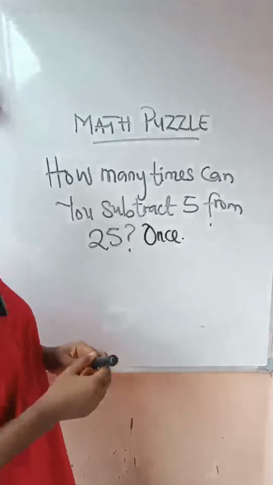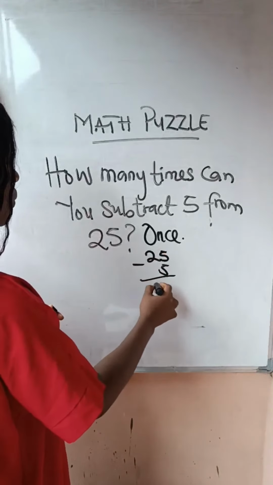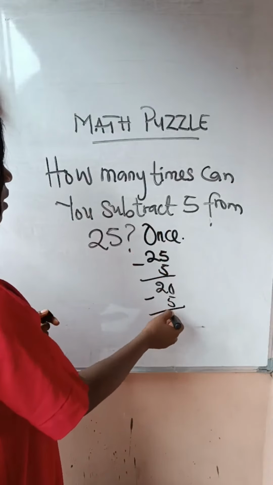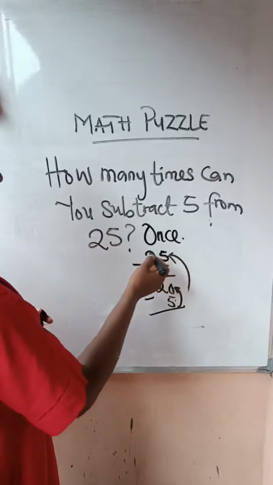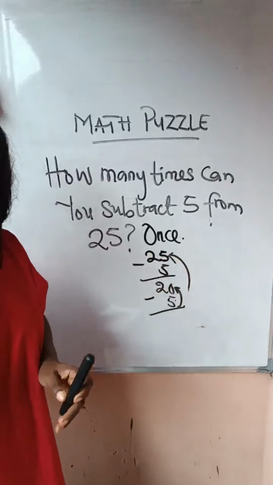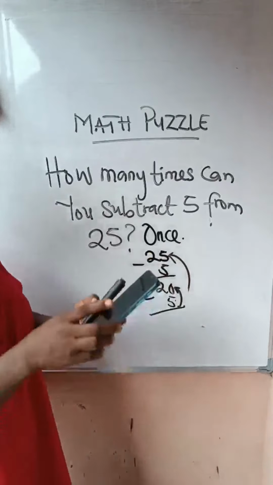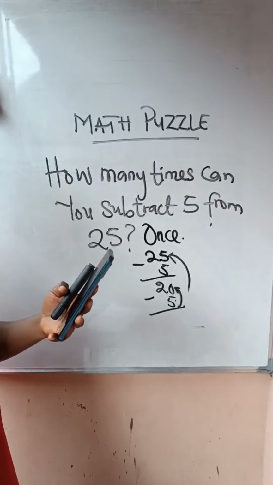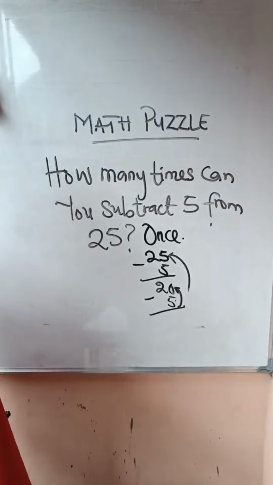If you subtract 5 from 25, you will have 20. So if you now subtract 5 again, you are now subtracting from 20 and not from 25. So you can only subtract 5 from 25 once. Okay? Now that is it for that.